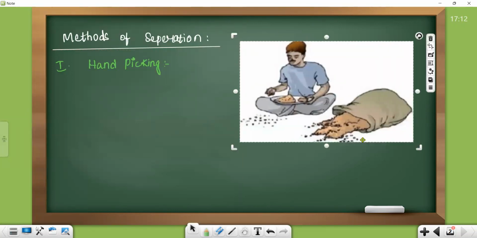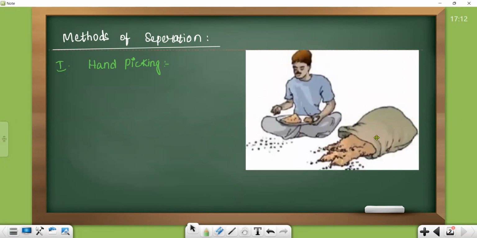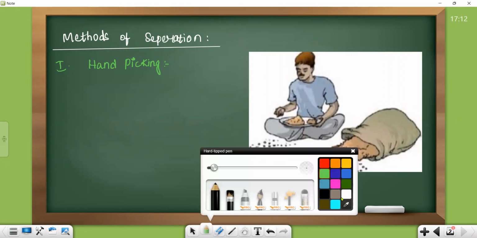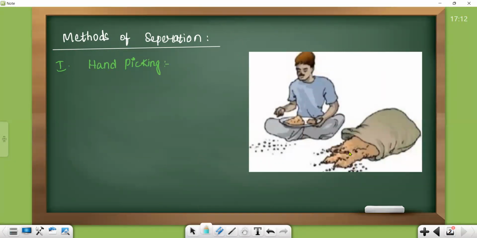Ma'am, he's just removing the rocks from the grains by hand. Yeah, that's what we also do at home, right? While cooking rice, and not only rice, any pulses and everything, we separate the impurities like dirt, stones and husk from the wheat, rice, pulses and everything.